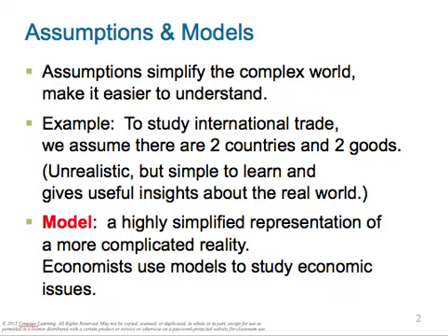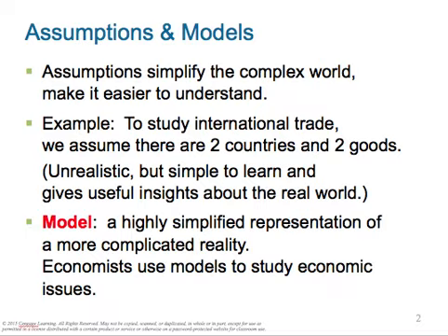Now, models used by economists generally have a great deal of assumptions, expansive assumptions that is. Assumptions simplify a complex world and make it easier to understand. Generally speaking, a social scientist like an economist or a sociologist has to make analysis in a very dynamic world. An example would be the study of international trade.